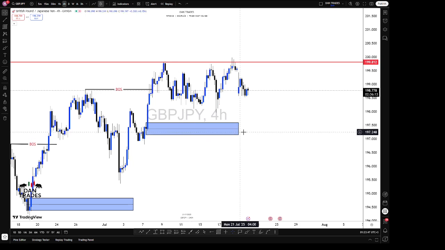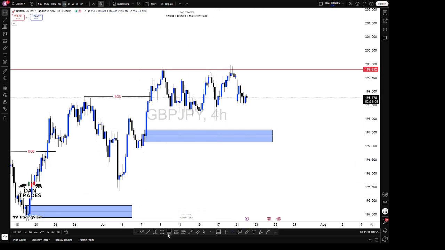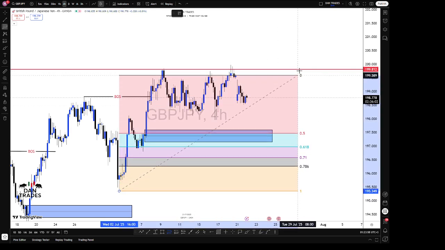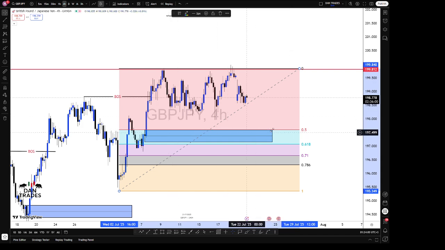So we have this pending zone here, right? If we look at that pending zone, it's supposed to be at the 50% of our range. So this is the area where we are supposed to be looking for a buying opportunity. I'm seeing this point of interest here is on a 50%.